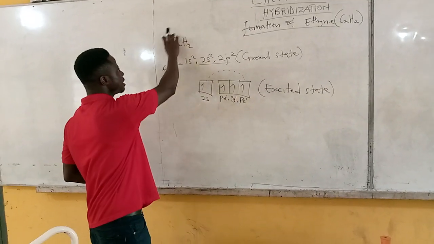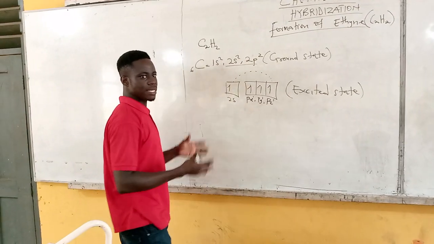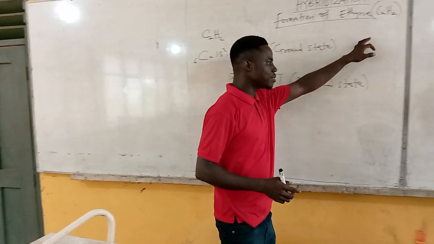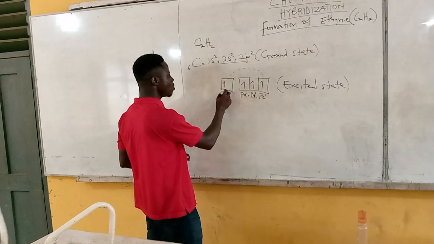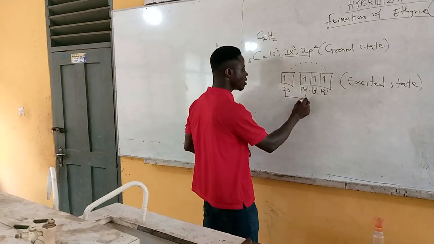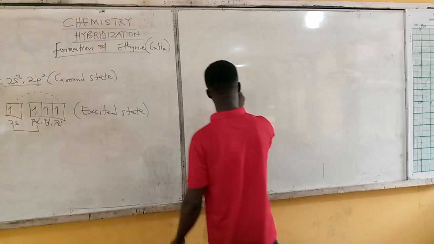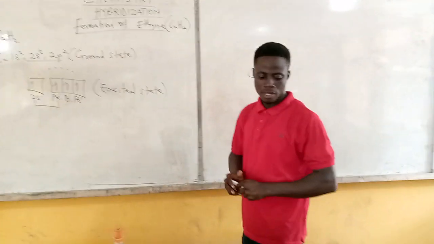Now, with your ability to do this, you can mix these orbitals. But bear in mind that in Ethyne, the hybridization existing in the molecule is sp hybridization. So what it implies is that we are only going to mix one s with one p. Let's have a view of the diagram. This is my carbon, the first one, just like we did in the previous presentation.